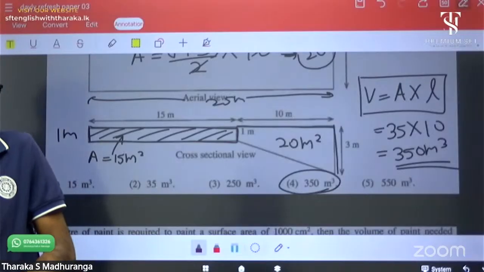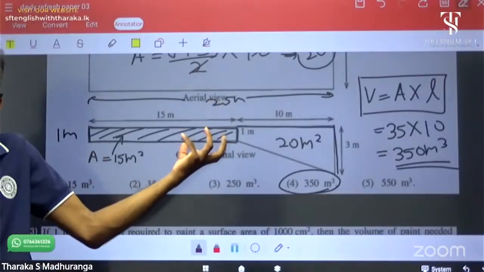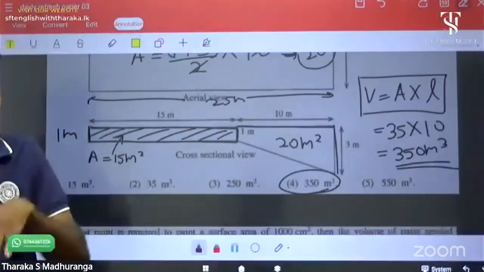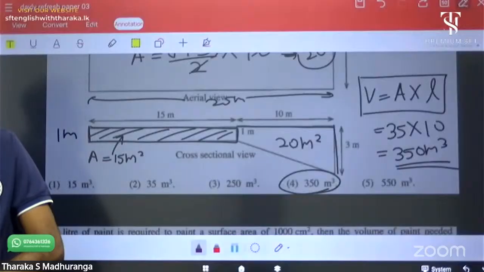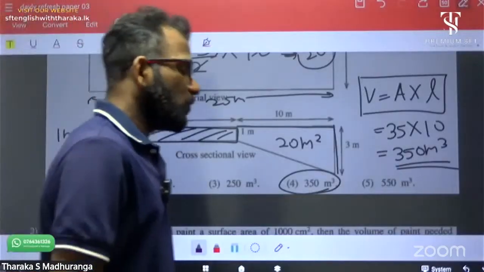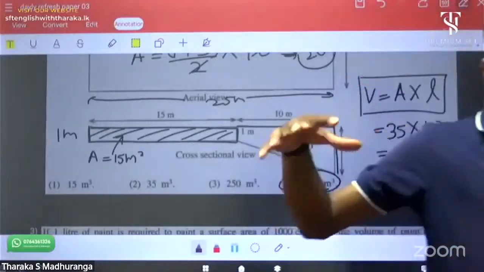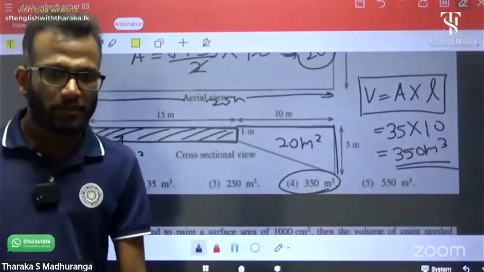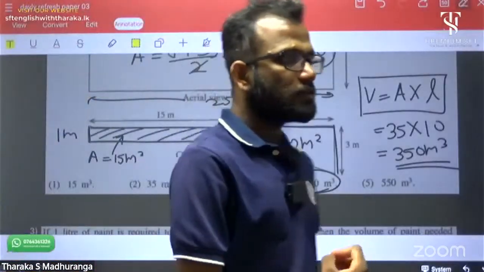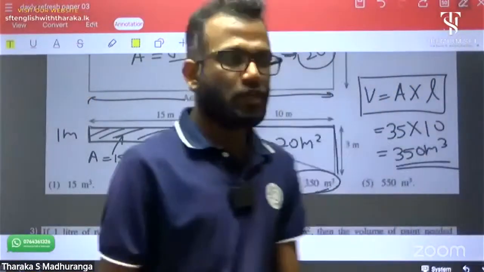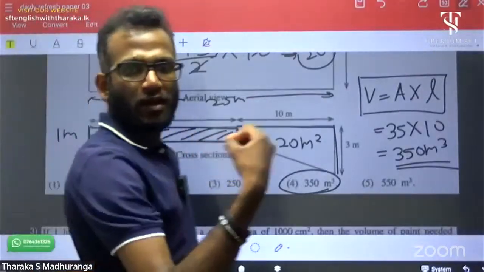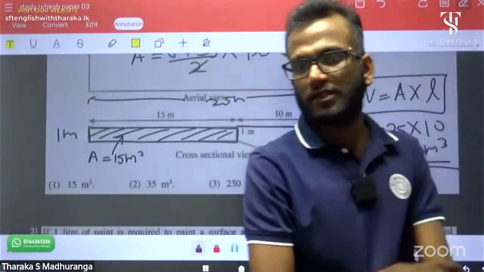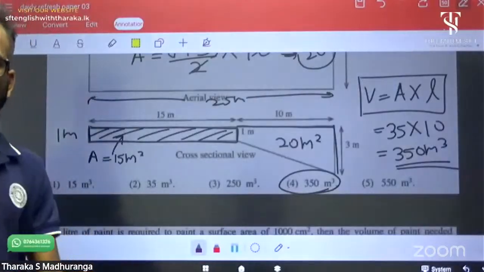For this question you don't need it, but in your exam it can also be asked. The volume of the tank is 350 cubic meters, but how many liters can we fill in this tank?